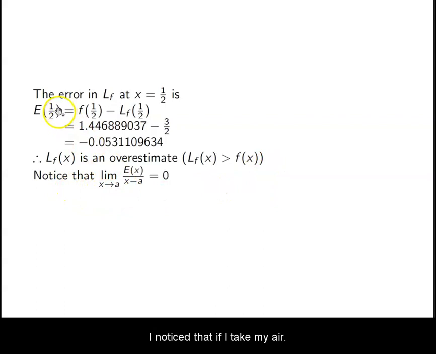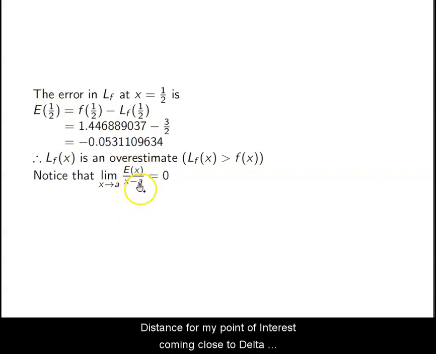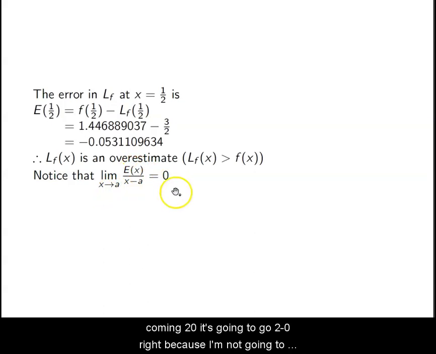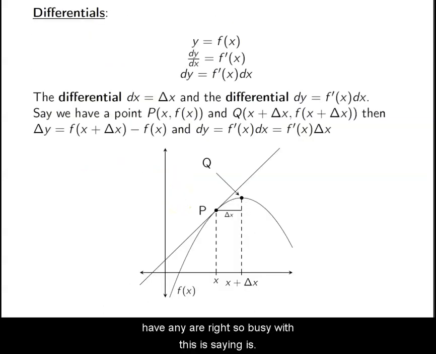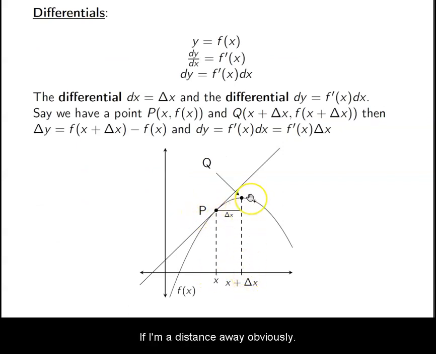Notice that if I take my error function and look at the distance from my point of interest, with delta x coming to 0, the error is going to go to 0, because I'm not going to have any error. Basically, if I'm a distance away, obviously there's a difference.